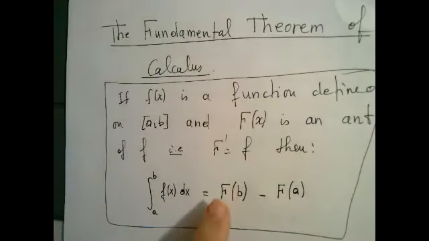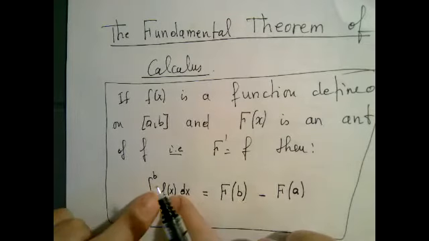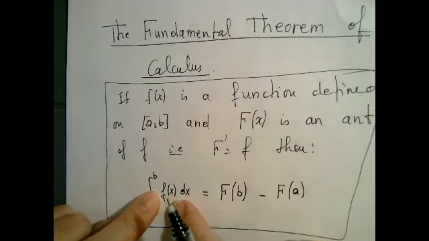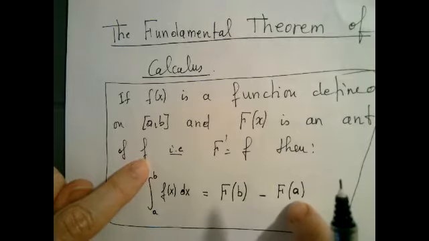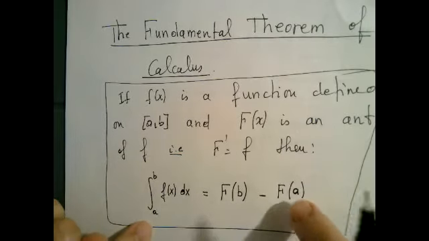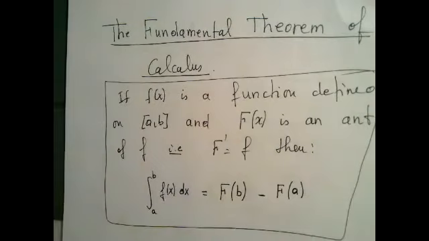So to evaluate the integral, I take the antiderivative at the upper limit minus the antiderivative at the lower limit. This is the theorem. This is a really, really important theorem.